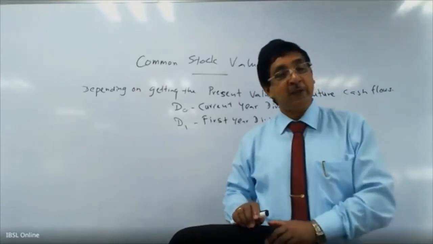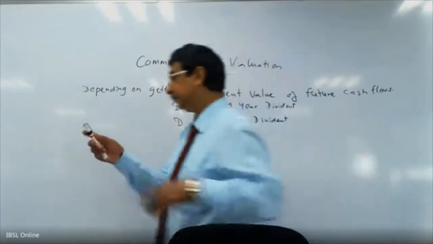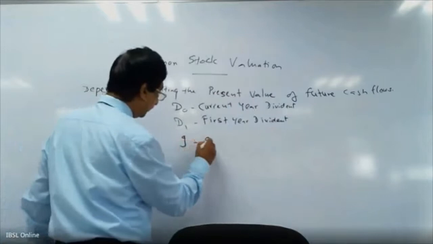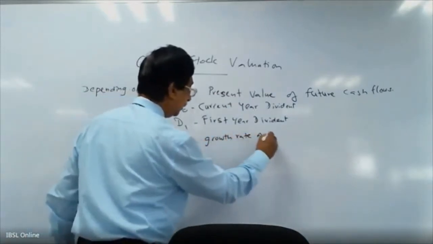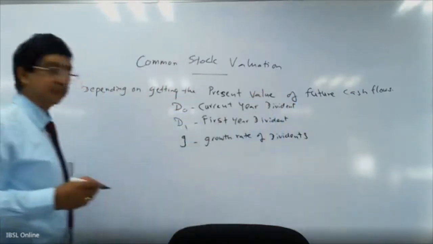Now we assume that growth rate as G, simple G. G is the growth rate of dividends.